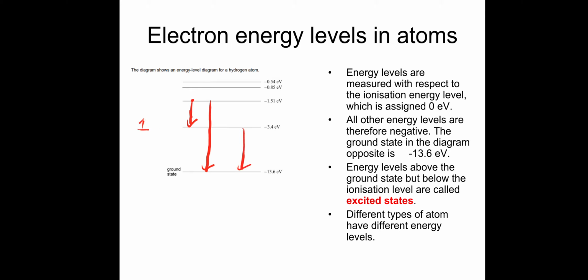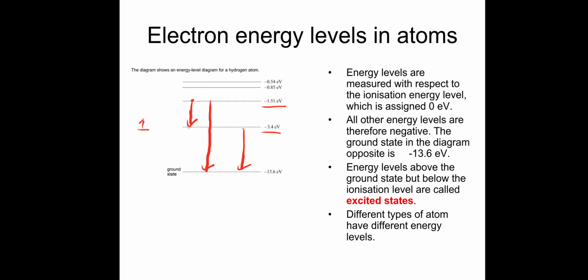Each time there's a transition in energy, a photon is released, and the photon energy is equivalent to the difference between the designated energy level energies. So we'll do a calculation on this shortly with an example question.